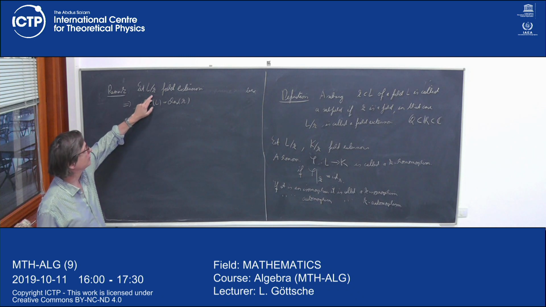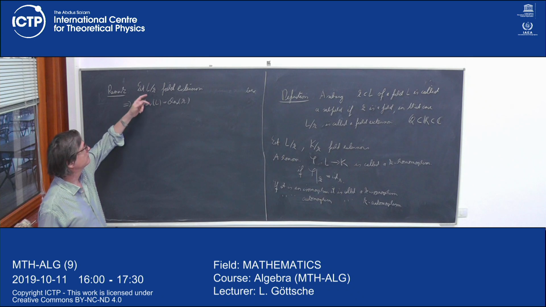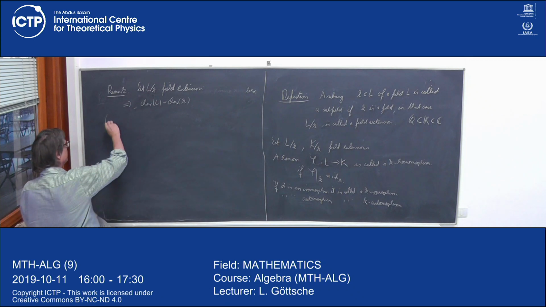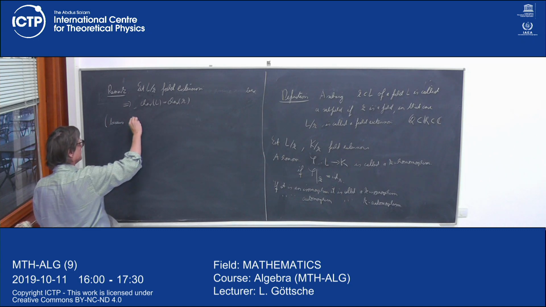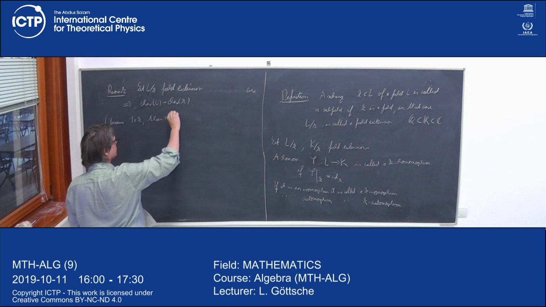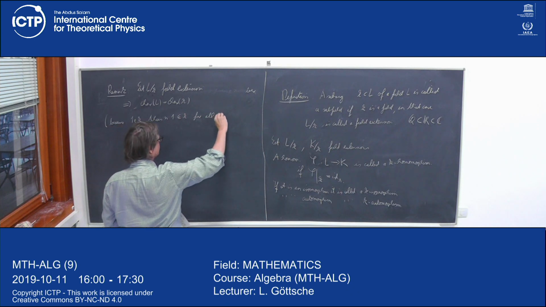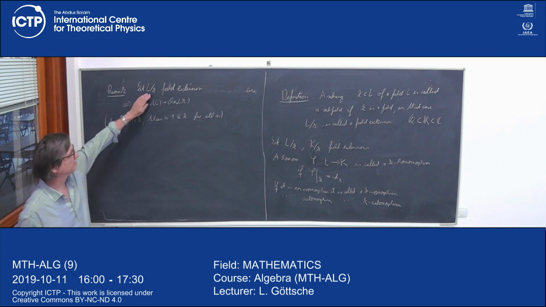So it also contains all the elements n times 1. And so if that is 0 in K, that's the same condition as if it is 0 in L. For the characteristic, one only sees the multiples of n times 1, and these are all in K.